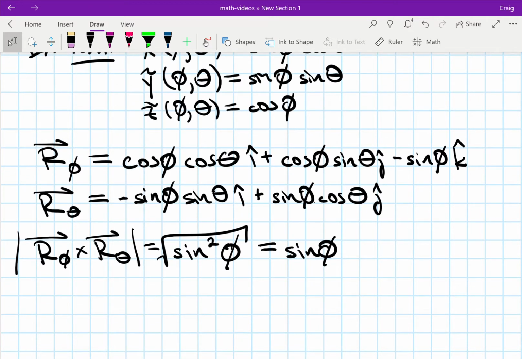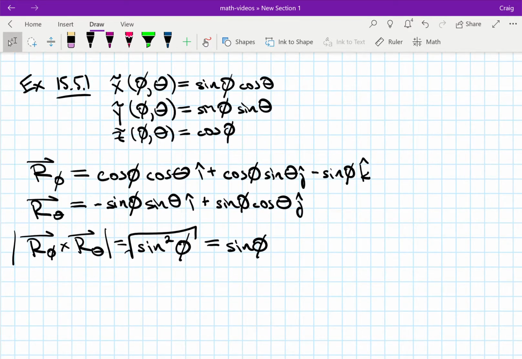Okay, so if we want to integrate, for instance, example 1 and example 3 ask us to find the surface area just of the northern hemisphere in one of the 4 quadrants. So this should be 1/8 of the total surface area of the sphere.